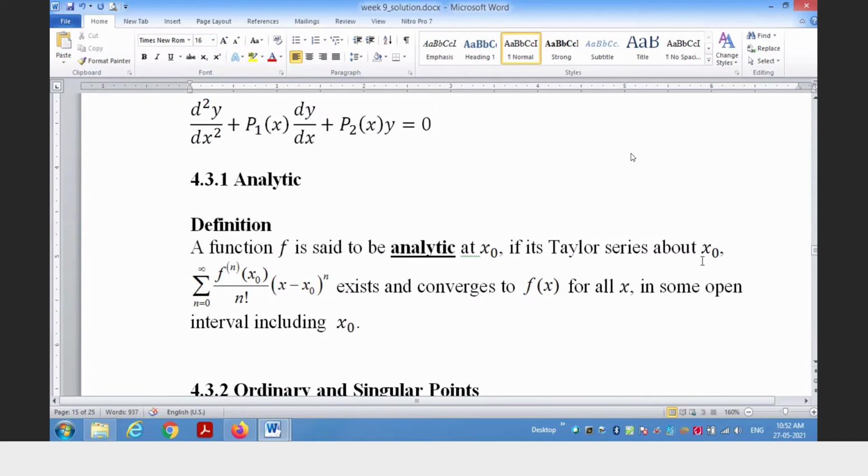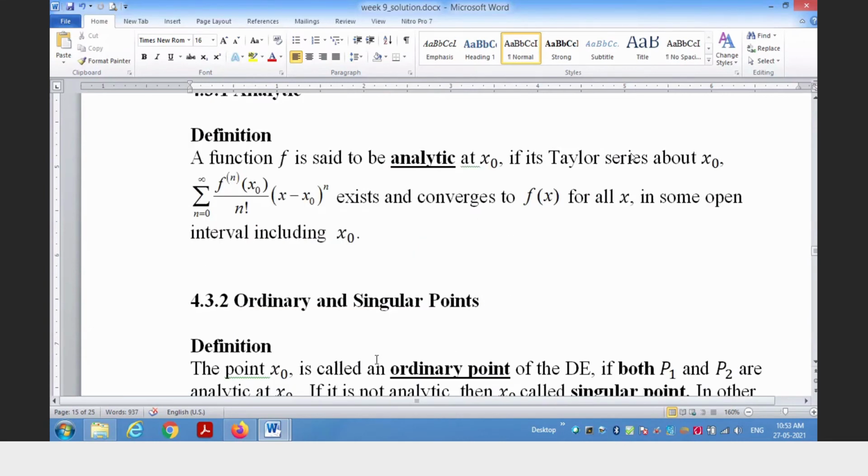You learned in Calculus 2 a powerful theorem that says every continuous and differentiable function can be written as a Taylor series. So if that function can be written as a Taylor series about x naught, then the function is said to be analytic at x naught. So the first term is analytic.